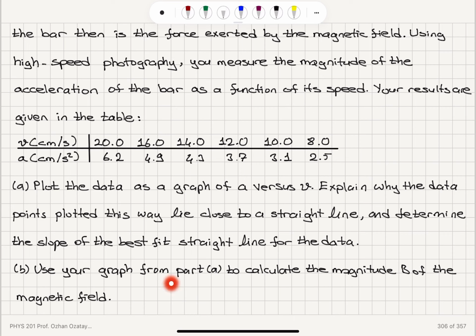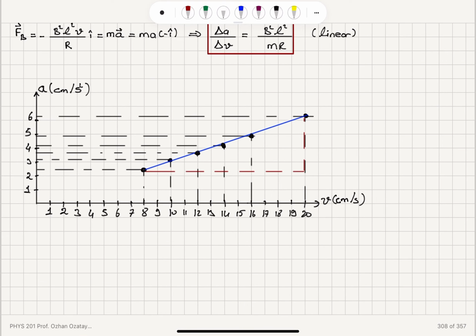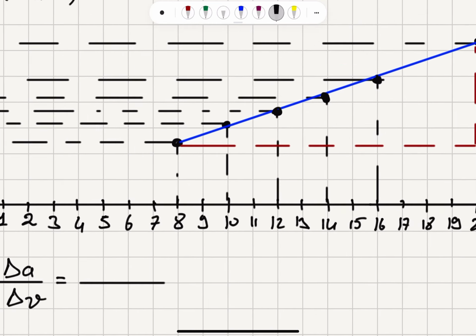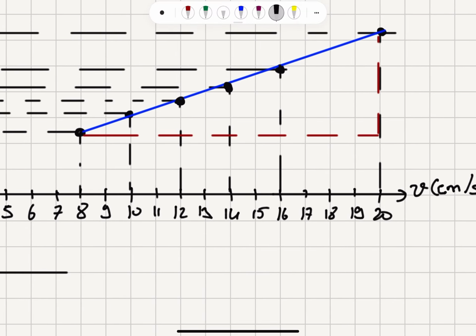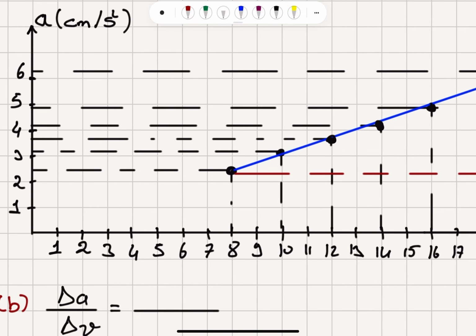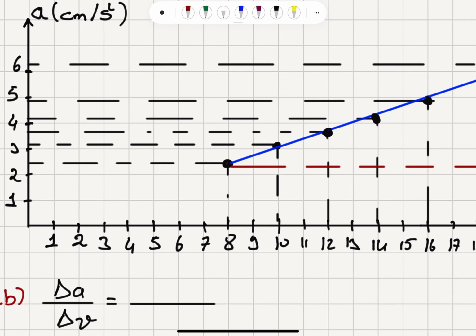Use your graph from part A to calculate the magnitude of the magnetic field. Now the slope of the best fit to this data is delta A over delta V. So that's roughly, taking these two data points here, 6.2 at 20 centimeters per second, and 2.5 at 8 centimeters per second.